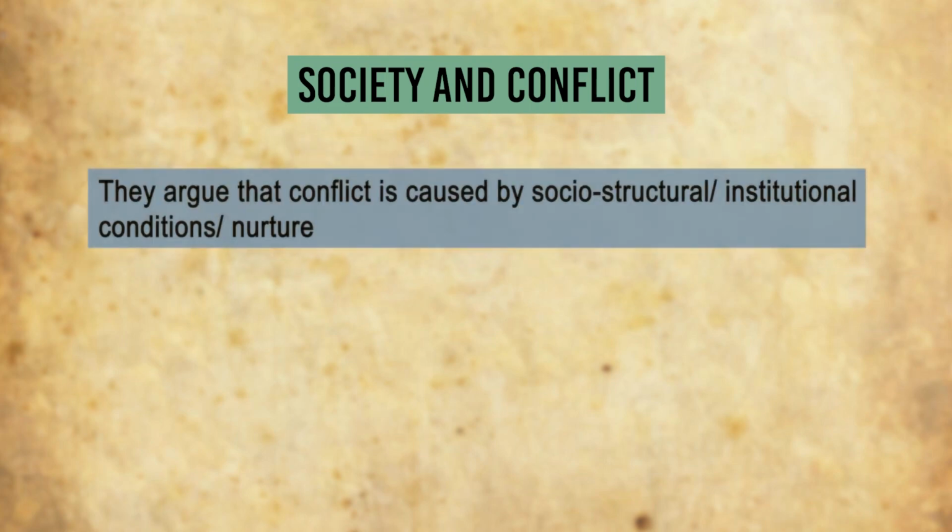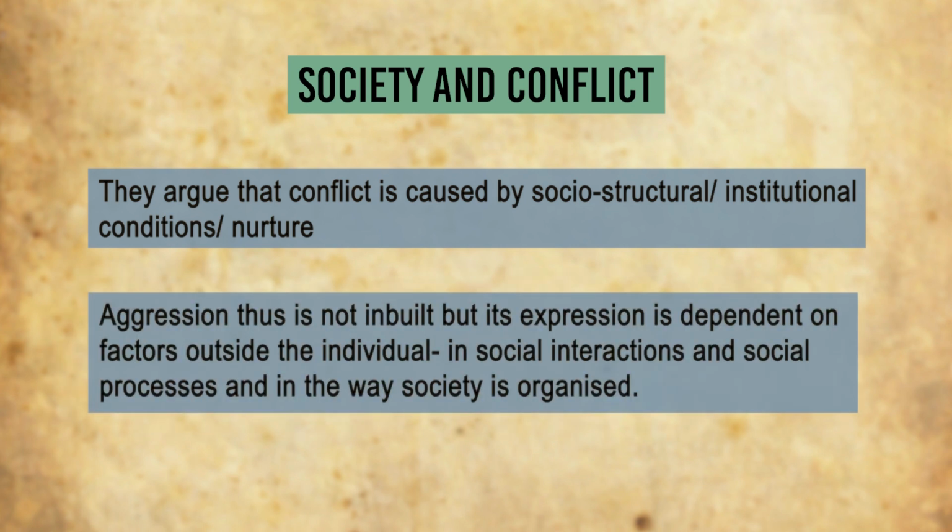Here, they argue that conflict is caused by socio-structural or institutional conditions, or nurture, not the nature part of the humans. So, aggression, they believe, is not inbuilt, but its expression is dependent on factors outside the individual, in social interactions and social processes and in the way society is organized.